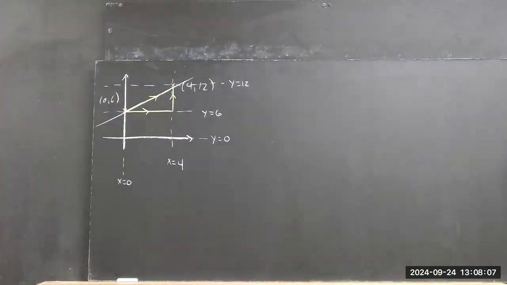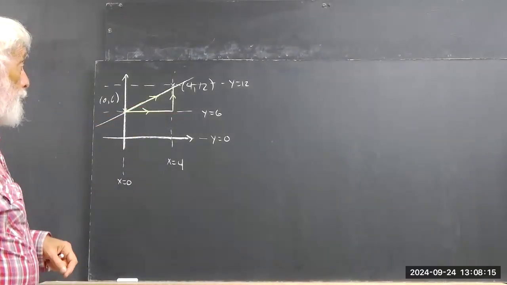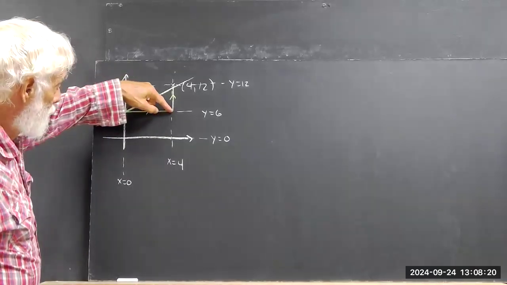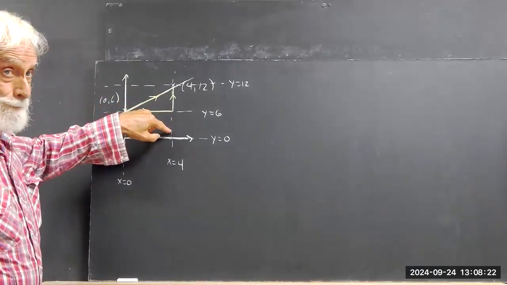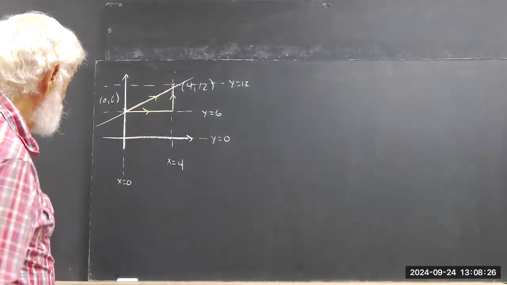You go left to right, so this one will always be to the right, always positive. If this point is lower than this one, then you're going to have an arrow that goes down. So this arrow doesn't always go up, sometimes it goes down.